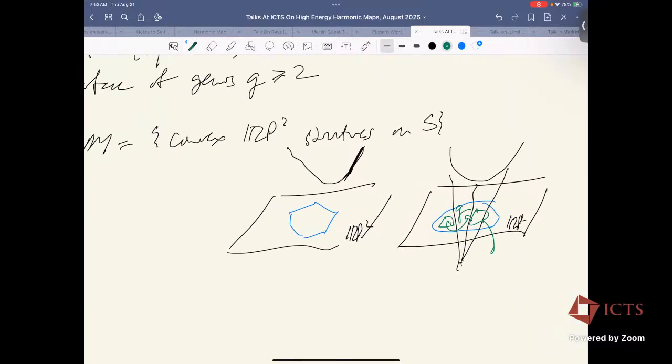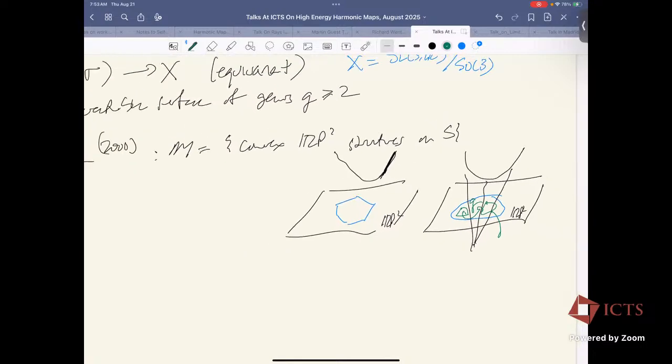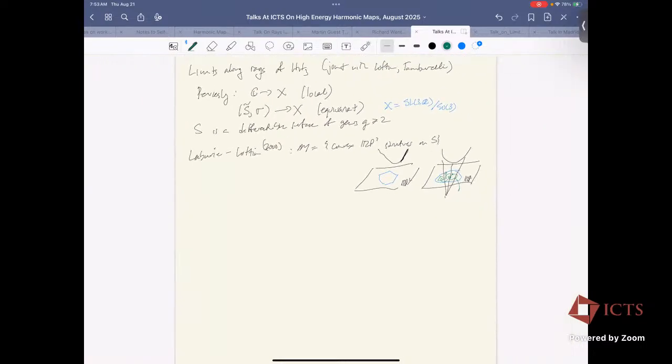I hope that's a little better. Then I have an affine sphere, which has this invariance under G, and the resulting minimal surface to this symmetric space also has that invariance.